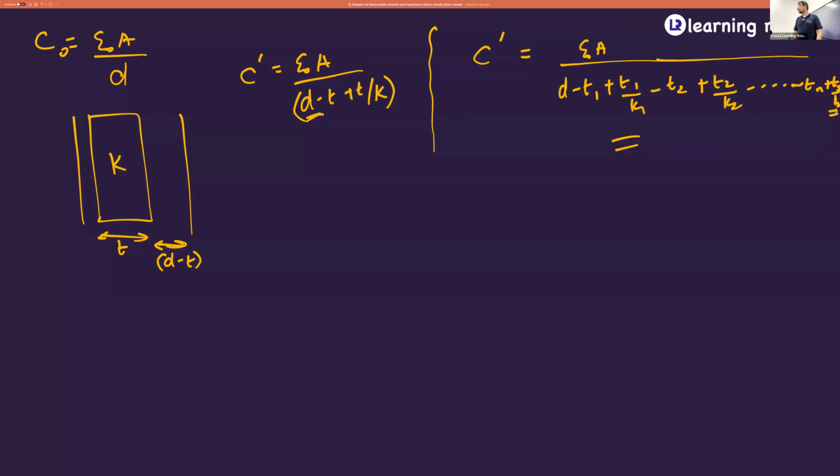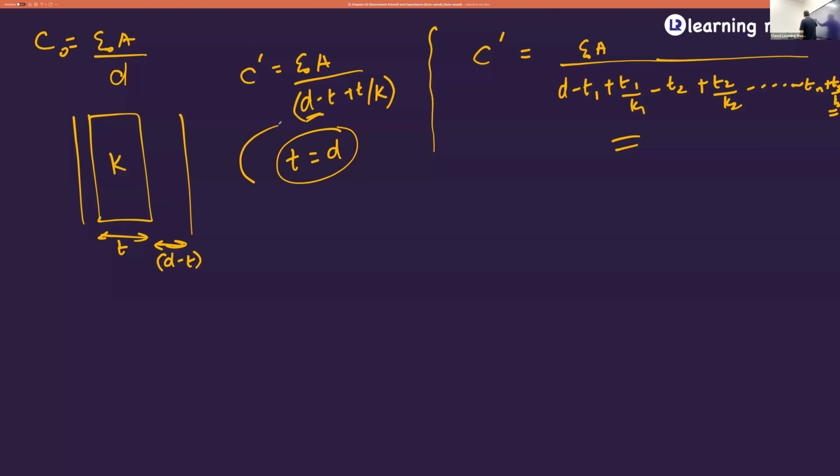Next, what if the gap between the capacitor plates is completely filled with dielectric? If it is completely filled with dielectric, T will be equal to D. Am I right?